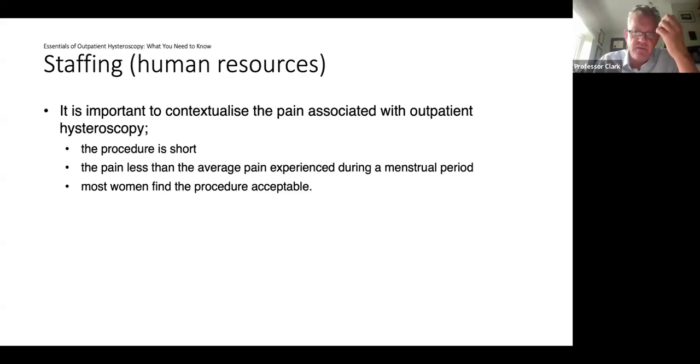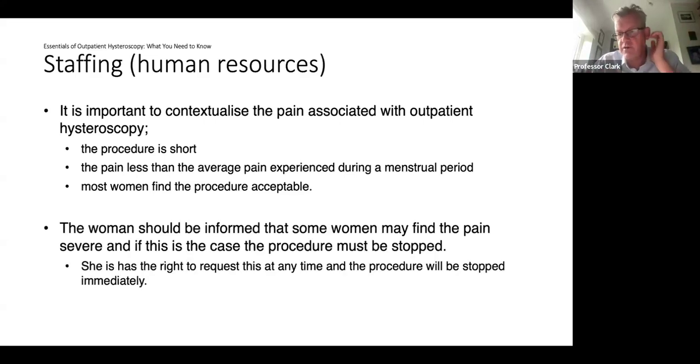We're all individuals, and they would put a high value on the outpatient setting, so they tolerate a degree of discomfort and expect that for the other advantages. So measuring pain levels on its own is not necessarily always helpful, particularly as the procedure is very short-lived and provides other advantages.